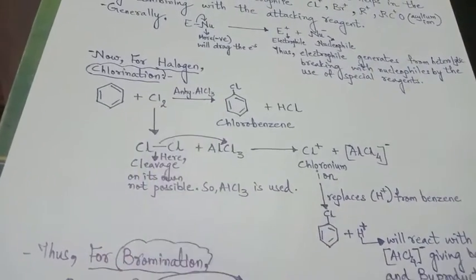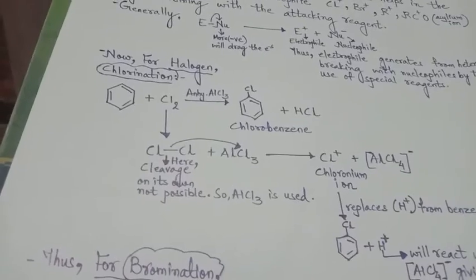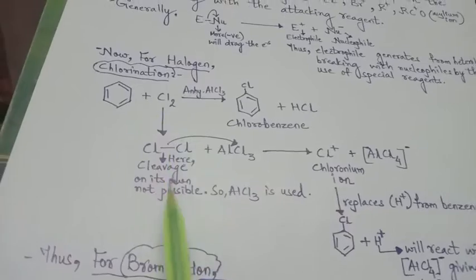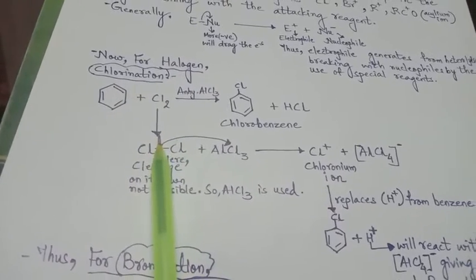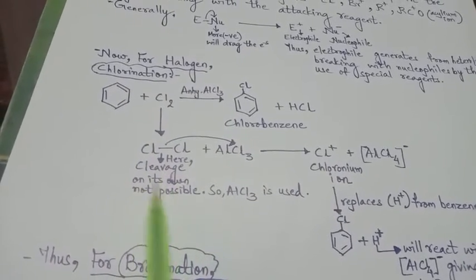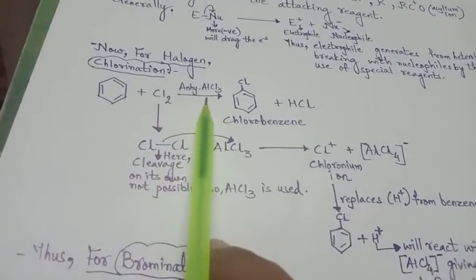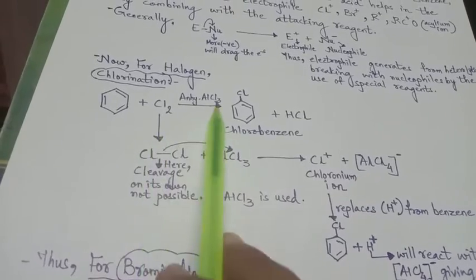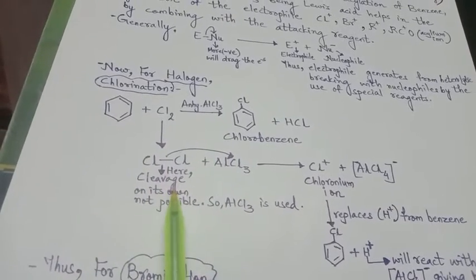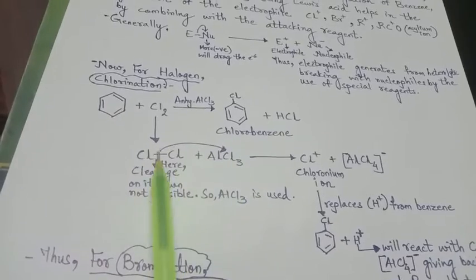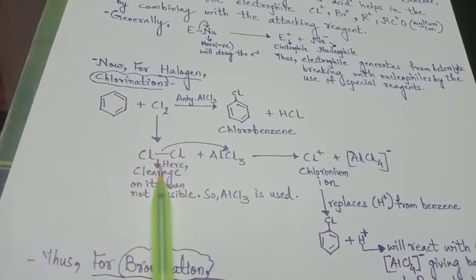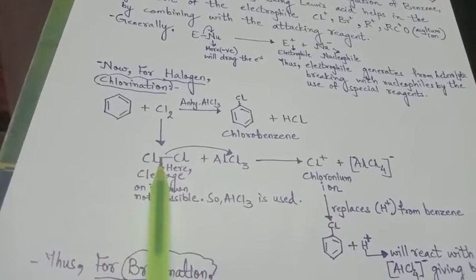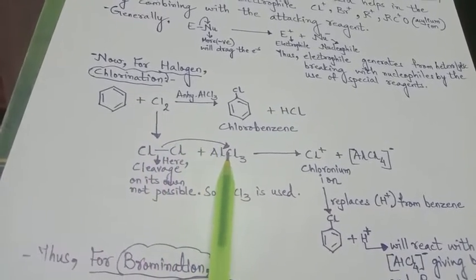This Cl2 directly, cleavage on its own will not be possible because both atoms are similar, both have the same characteristic. So, cleavage on its own is not possible, and that is why anhydrous AlCl3 is used, which will act as the intermediate. Now, as soon as AlCl3 acts with Cl2, AlCl3 will try to drag the electrons onto it.